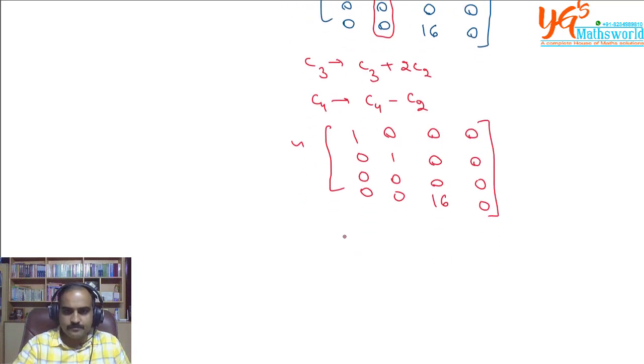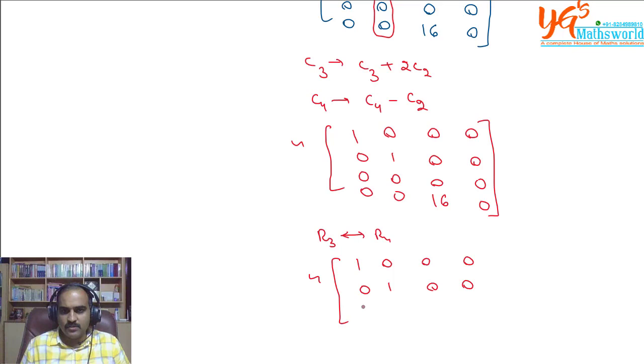Okay, now we have the third row as 0, so I'll interchange row R3 with R4. One, 0, 0 and 0, 0, 1, 0 and 0, 0, 0, 16, 0, 0, 0, 0 and 0.